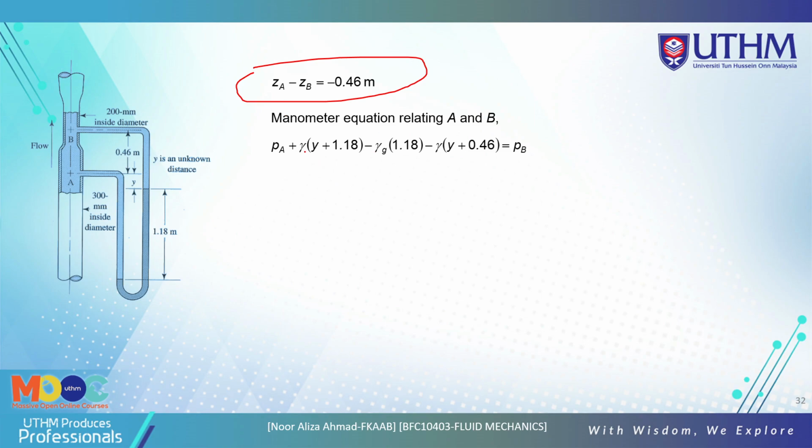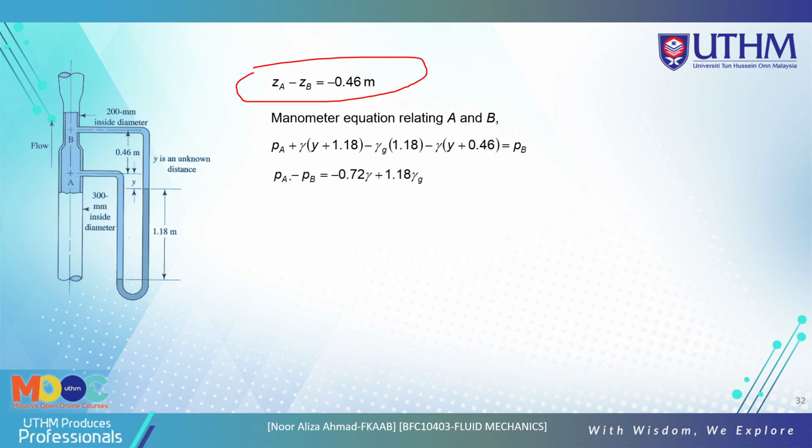You just put in PA plus the density and the velocity here. The manometer relates A and B, at point A and point B here. So the pressure at A must include the pressure gauge reading, plus 1.18 here, minus the gauge fluid inside the meter. So we get the value here.